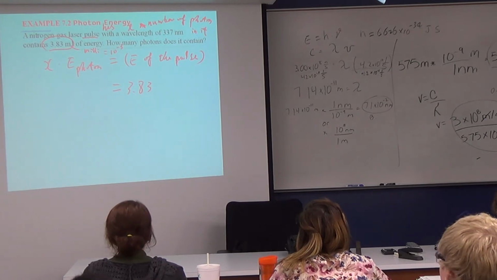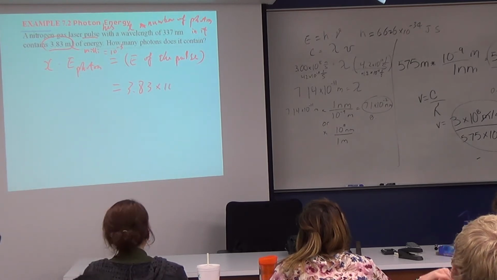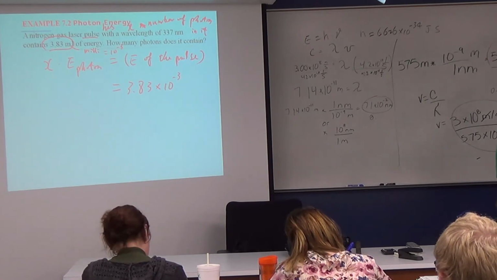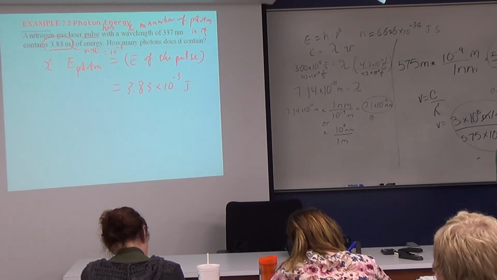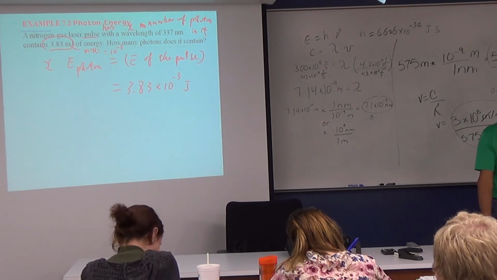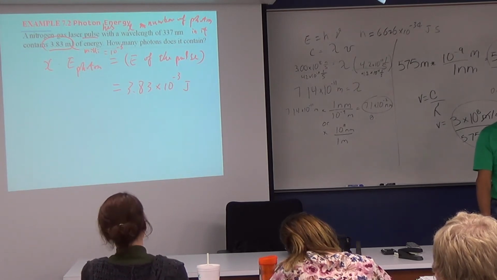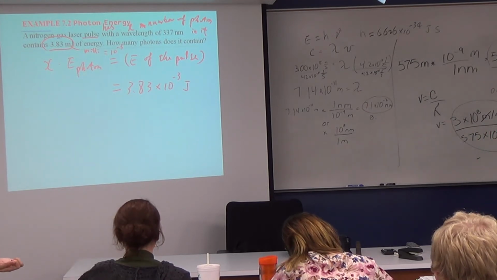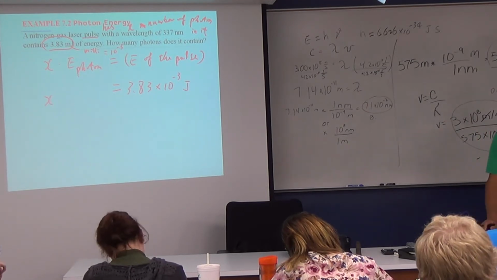So you can just replace that little m by 10 to the -3, and then the other unit is simply the joule. That's good, that's what you want. So X we still don't know.